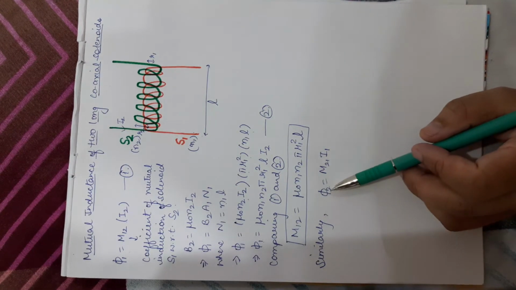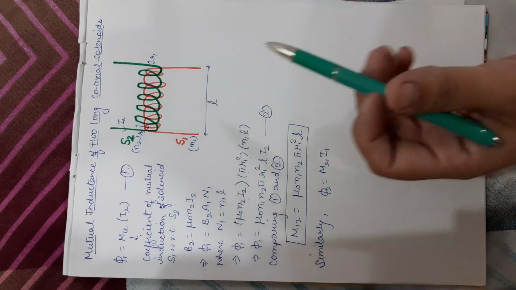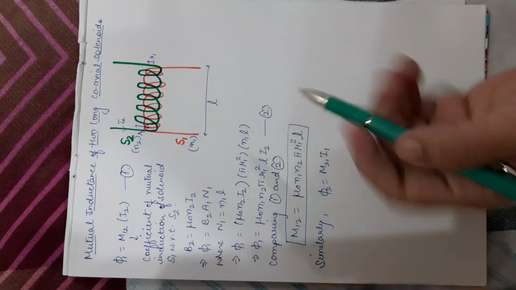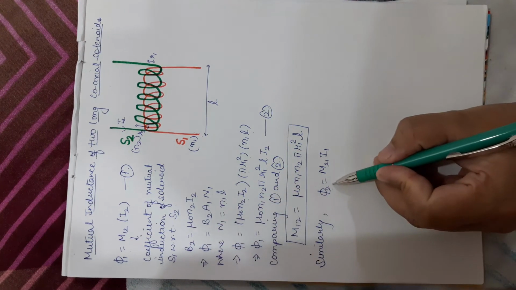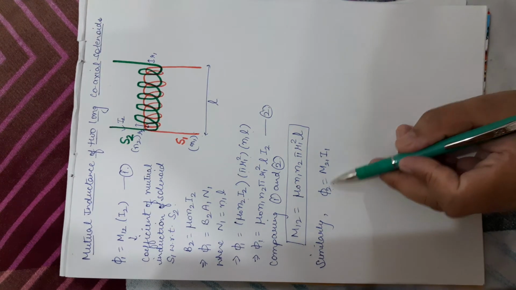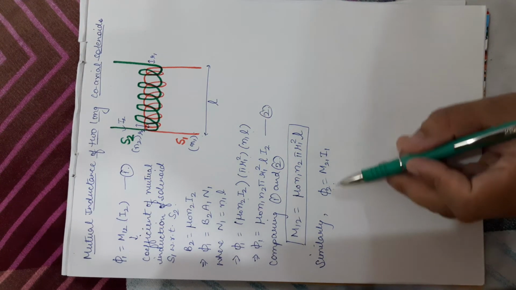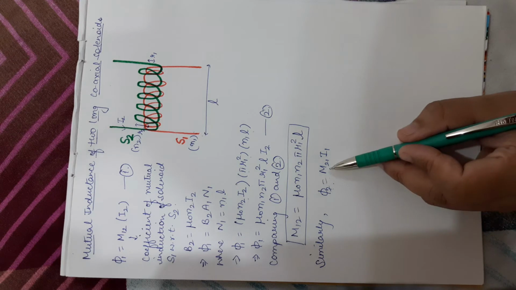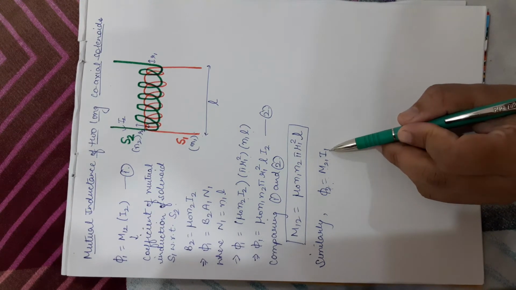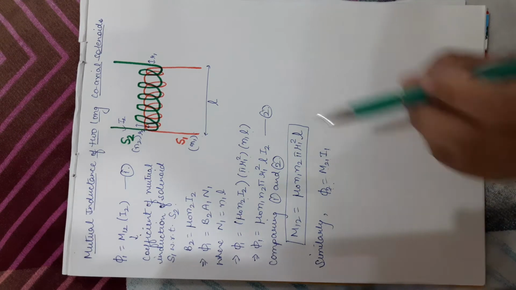Now similarly we can find the mutual induction of solenoid 2 with respect to 1. In that case we need to find flux phi2, that means the flux in the second solenoid. So as per the definition of mutual induction, phi2 will be M21 times the current I1 passing through S1.